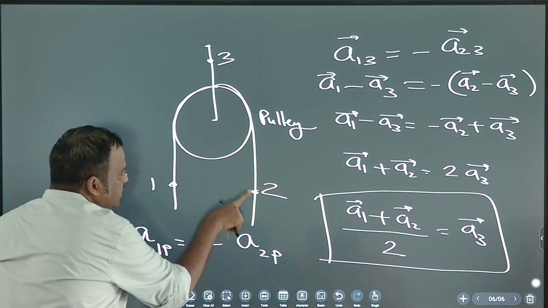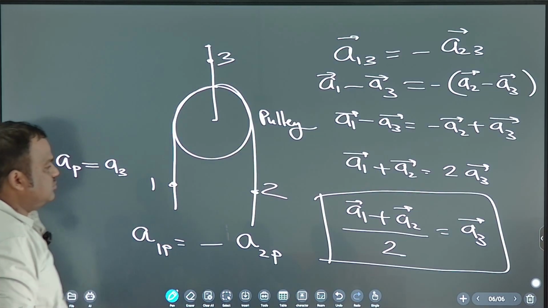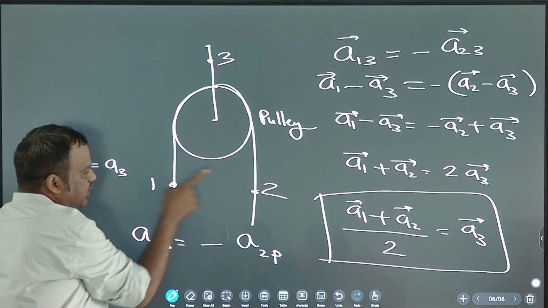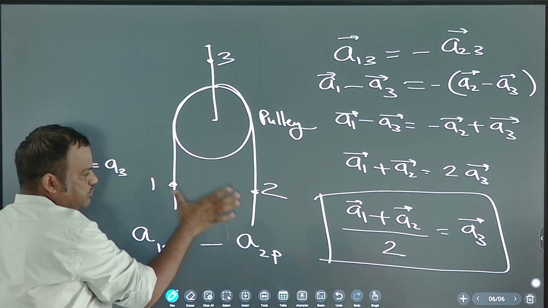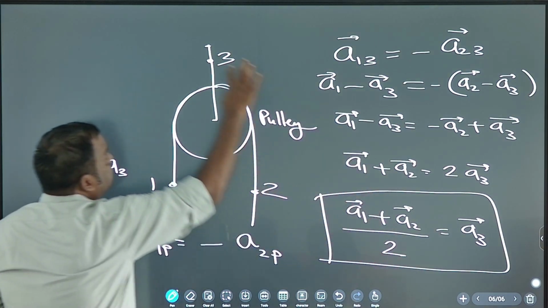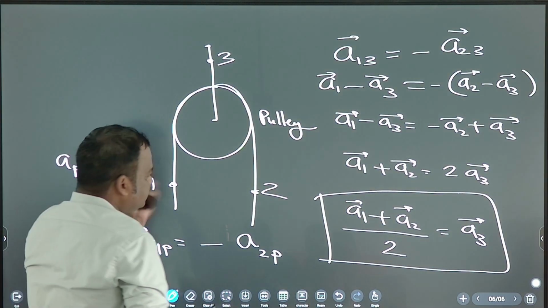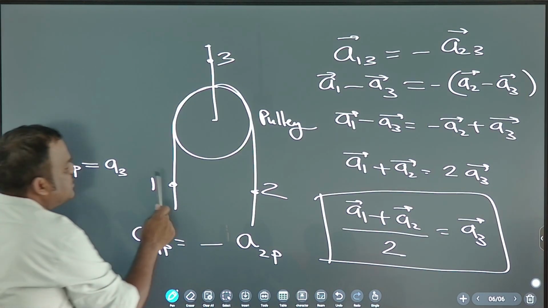So (A1 plus A2) by 2 is equal to A3. The acceleration of this point plus the acceleration of this point, the sum divided by 2, is equal to A3. Okay, note down. So this is the relation between the accelerations of 3 points.